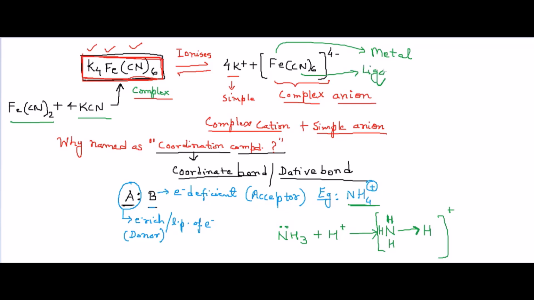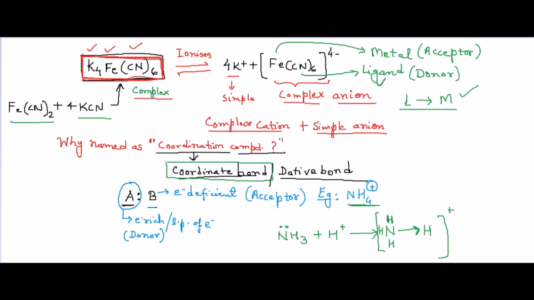We will study later in detail what the central metal atoms and the ligands are. So this metal atom is the acceptor because it is electron deficient. It contains empty orbitals to accept the electrons donated by the ligands. So ligands are electron rich, and they donate electrons towards the metal atom. That is why the name coordination compound arises, because its origin lies in the coordinate bond involved between the metals and ligands in coordination complexes.